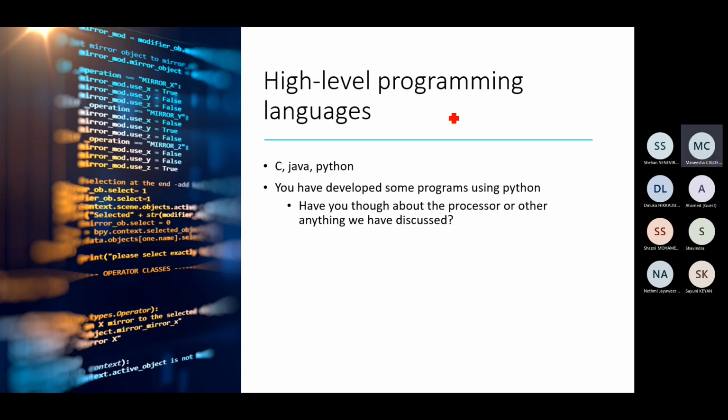All we need to do is get the work done. High level languages are processor independent languages. That means we don't want to bother about the processor, how it works.